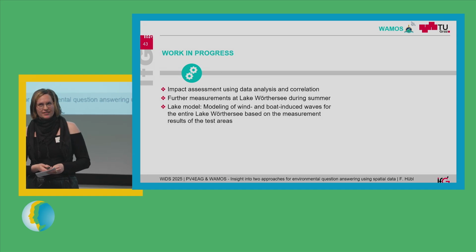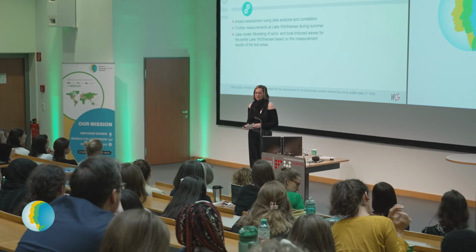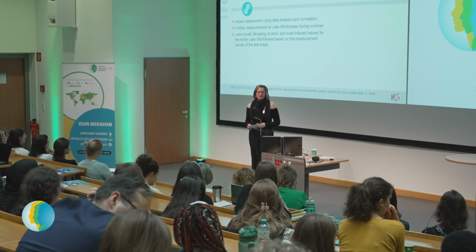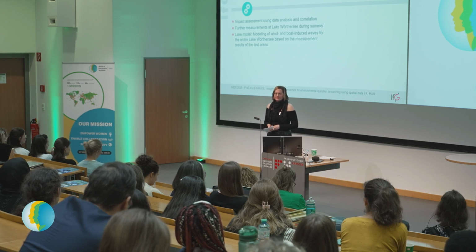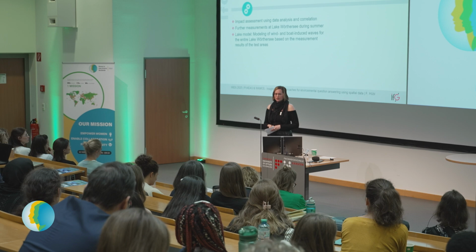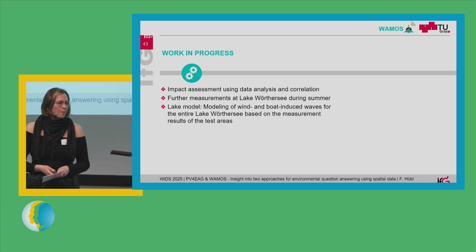We are currently filtering the waves. We did a lot of measurements. We are currently filtering the waves from wind waves and boat waves to make assumptions and correlate the collected data. And we also planned further measurements at Lake Wörthersee this summer.